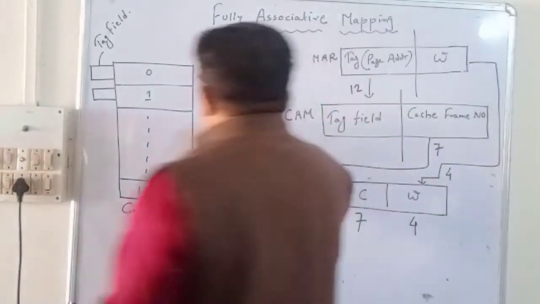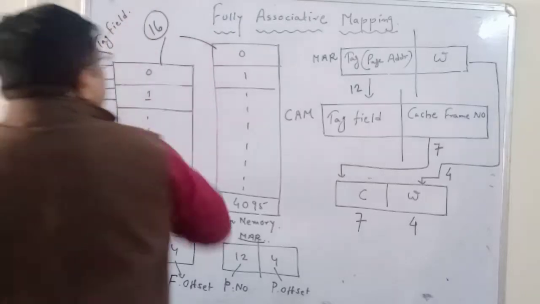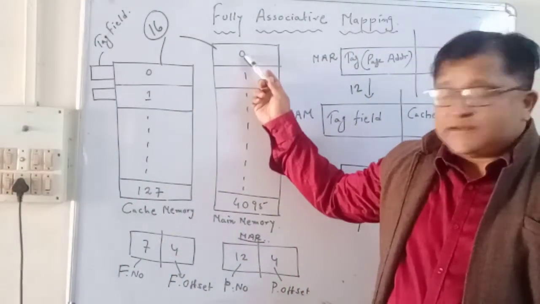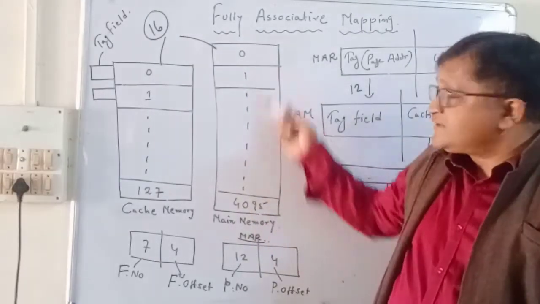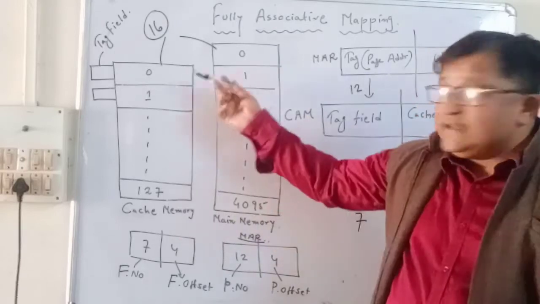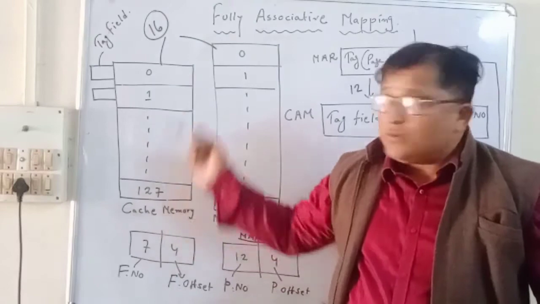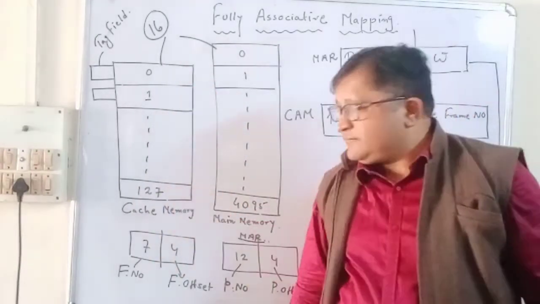In main memory the counting starts from 0 and extends up to 4095, a total of 4096 pages. In the cache memory, the counting starts from 0, so the last frame is numbered 127.